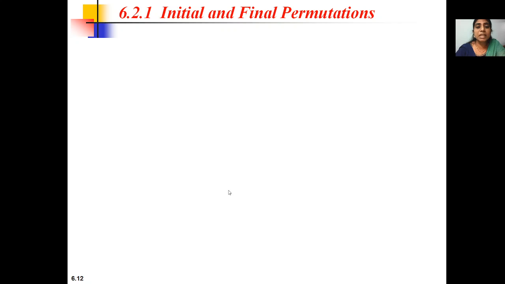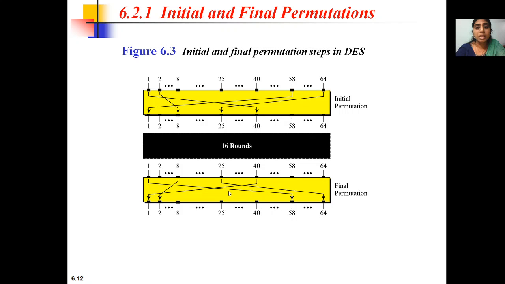The initial and the final permutation steps are as follows. In the initial permutation, the first value is given to 40, and the 58th bit is given to 1.